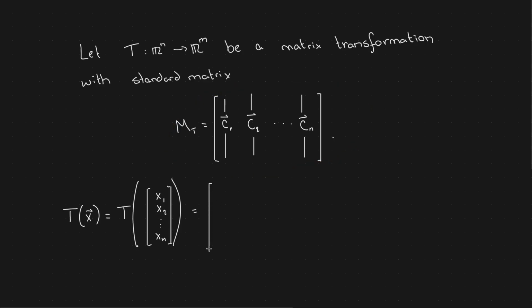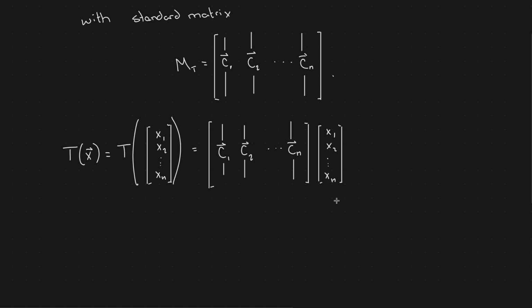So I'm just going to plug the matrix in here. If I actually do the matrix-vector multiplication, I will get a linear combination of the columns of the standard matrix: x1 times the first column plus x2 times the second column, and so on.